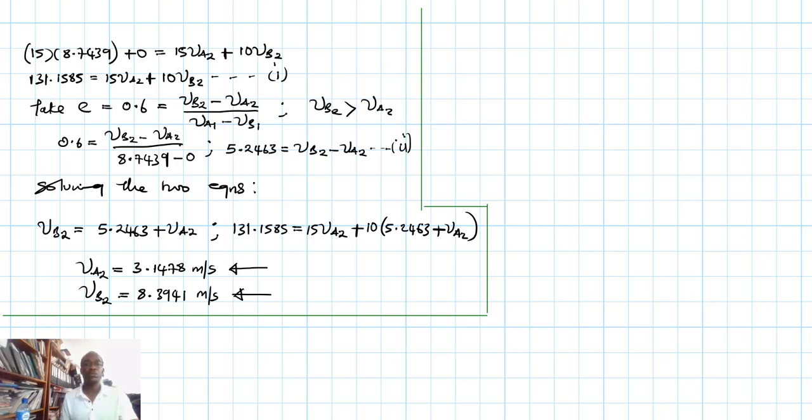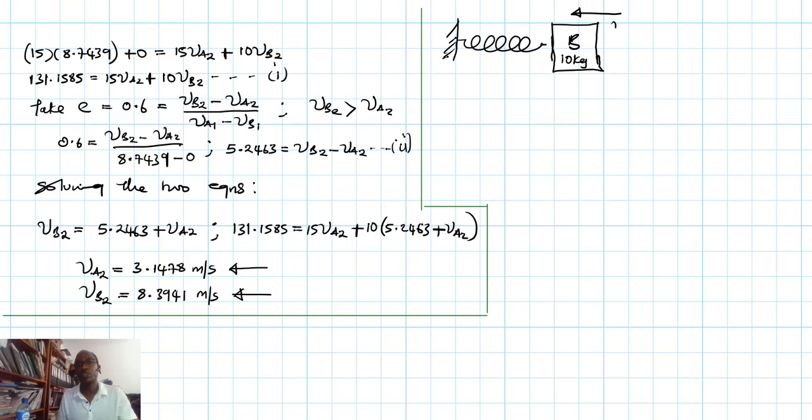So now the question is to find, so we have this system here like so, and then we have a spring, then we have a body, and this is block B, which weighs 10 kg, and it has this initial velocity that we just calculated, equal to 8.3941.